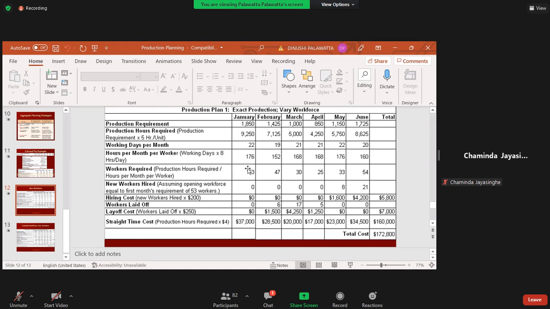In certain months, there's a fraction more than what is required. In certain months, a fraction less than. So in the end, hope it balances.